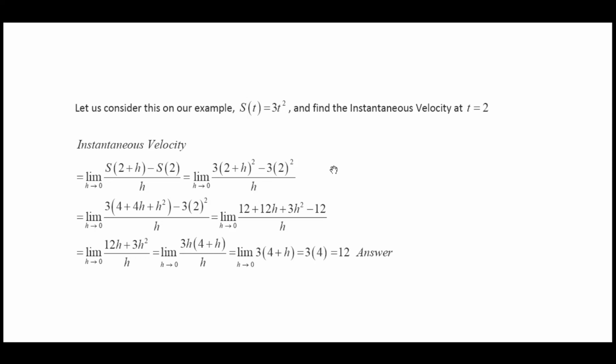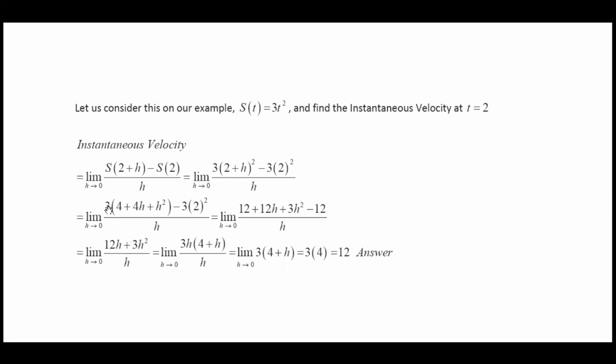Now the rest of this problem is just a matter of arithmetic and algebra. Let's square this quantity. When you square 2 plus h, square the first term, 4, multiply the 2 together and double, 4h, square the last term, h squared. Minus 3 times 2 squared, all over h. All we've done is square the 2 plus h.